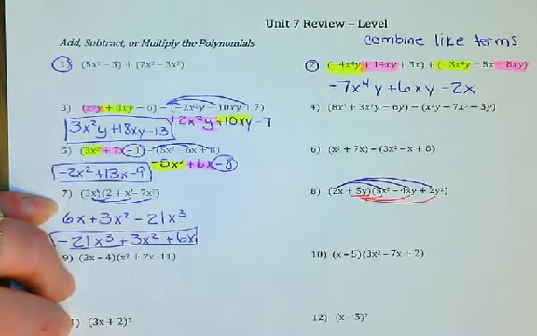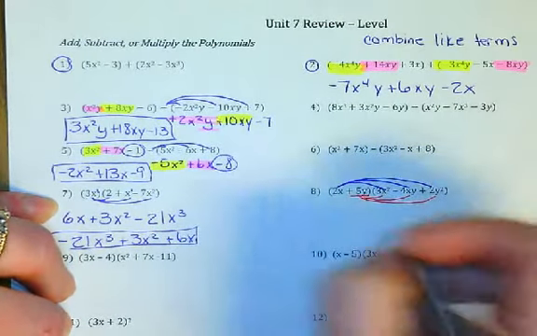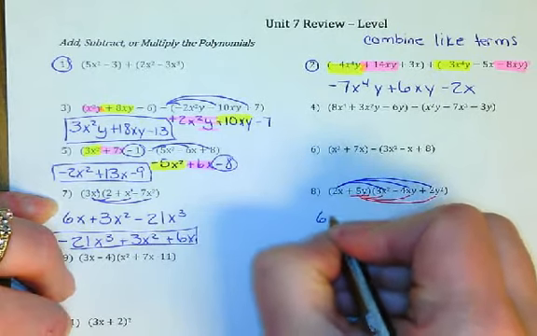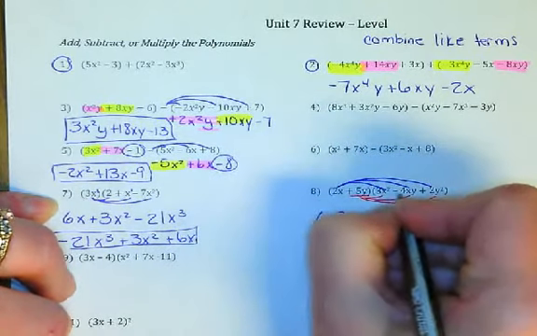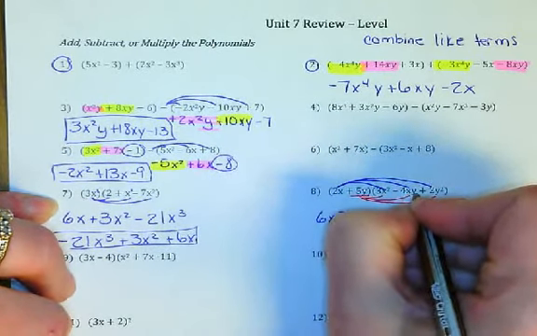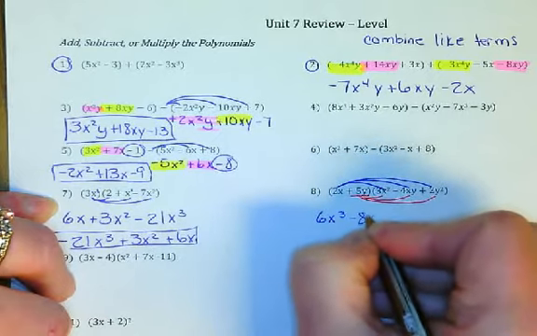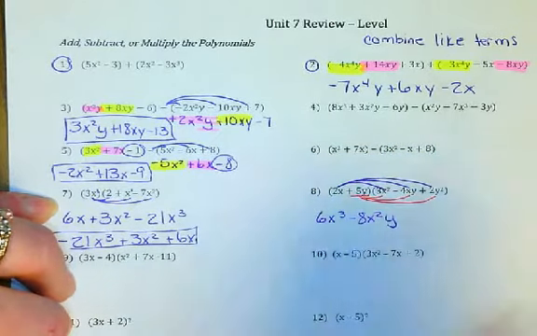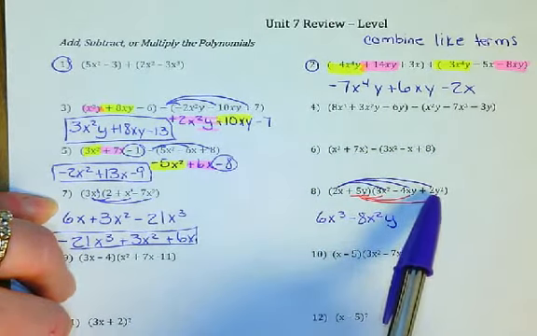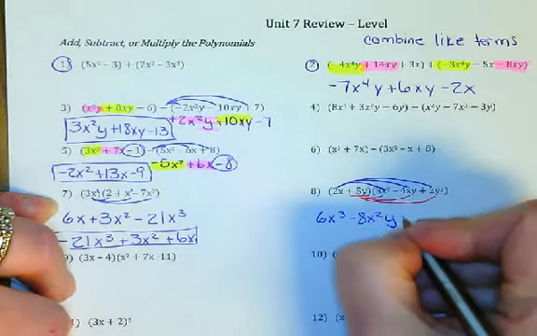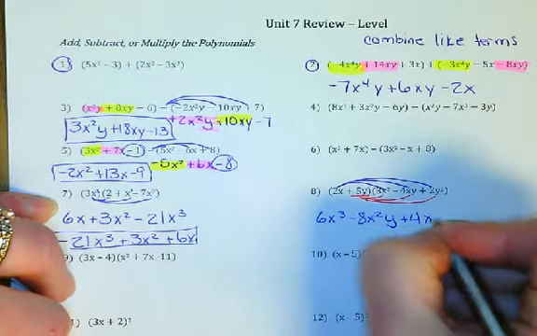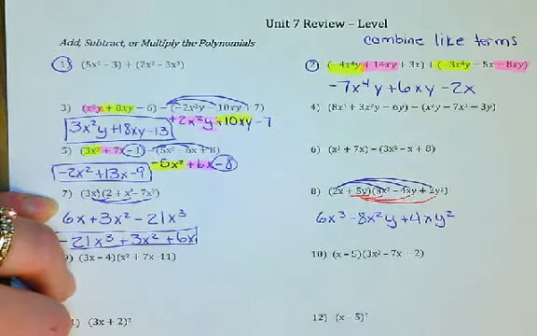Okay, so for the 2x, I would do 2x times 3x squared, and that gives me 6x cubed. 2x times negative 4xy would give me negative 8. I've got 2 x's, so x squared y. 2x times 2y squared would give me 4, the x, and then the y squared.